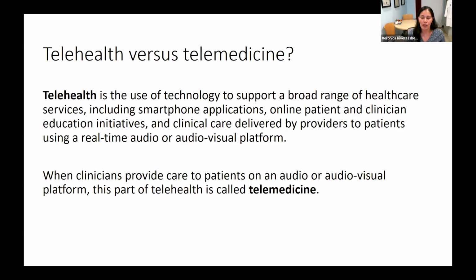And this can happen on smartphones, online, and this helps, again, clinical care be delivered between patients and providers. And then when clinicians actually provide care to patients on an audio or audio-visual platform, this is part of telehealth, called telemedicine. And so that's predominantly what I'm going to be focusing on today when we are doing video visits or audio-only visits with our patients in the ambulatory setting.